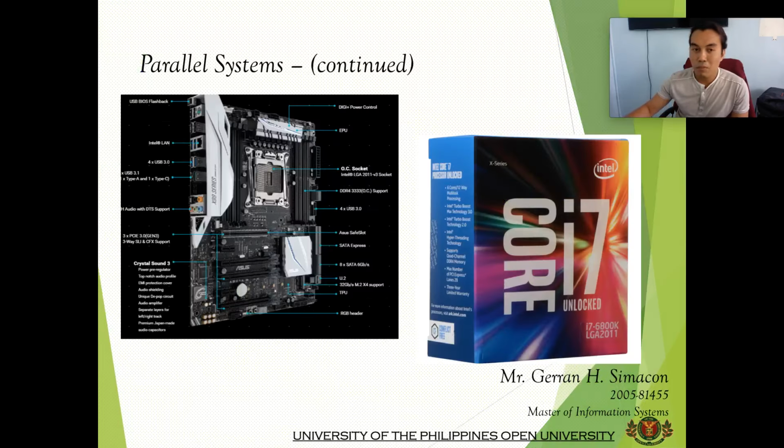Say, for example, in our image here is an ASUS motherboard that has Intel chipsets. It has a higher cache bus to directly accelerate system performance. Cache memory is usually tied directly to the CPU and is used to cache instructions that are frequently accessed by the processes that are currently running.